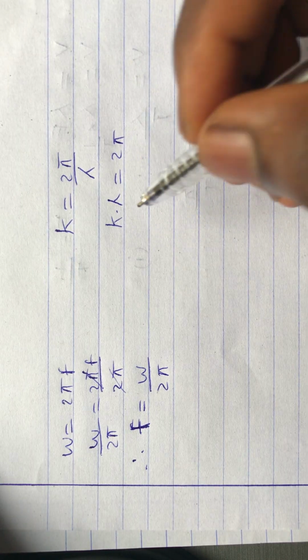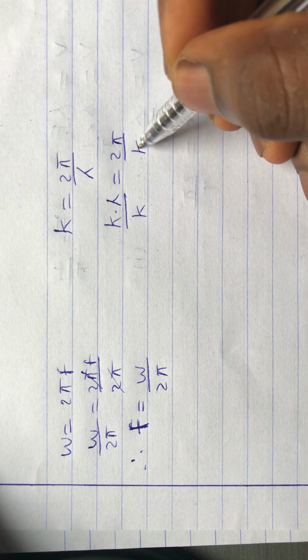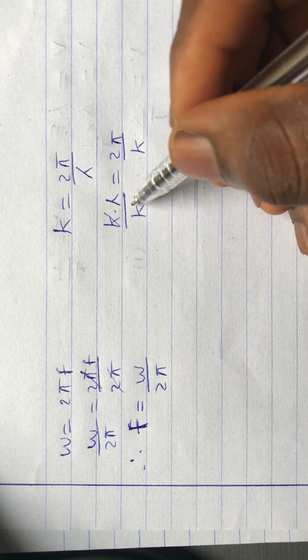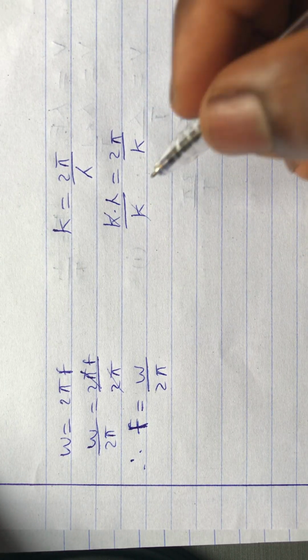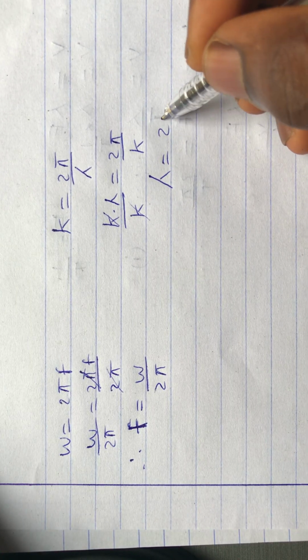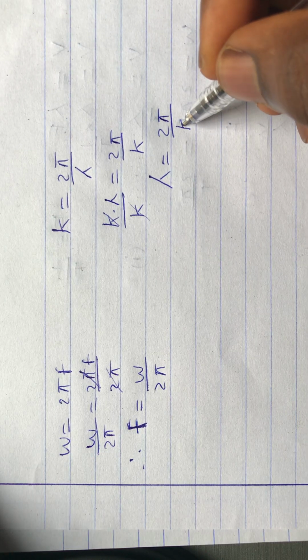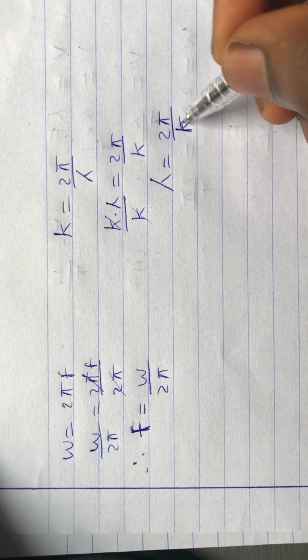Now you divide both sides by K. We cancel K here. What do we have? We have lambda is equal to 2 pi all over K.